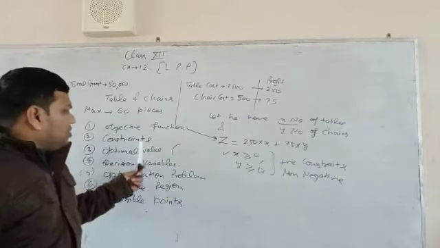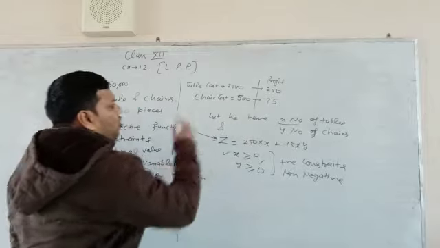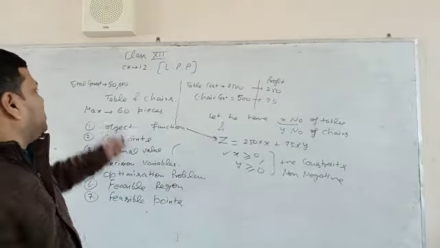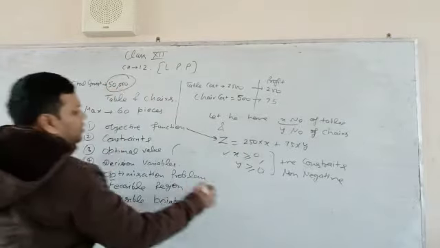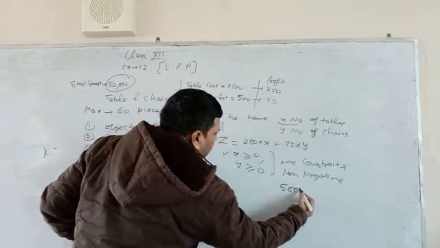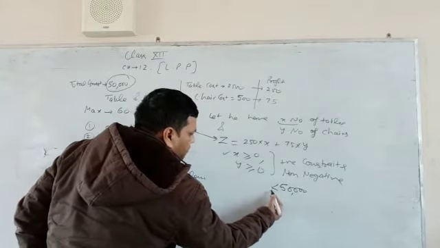Again, what are the other constraints? Only 50,000 rupees he can invest, it is given there, right? So 50,000 means not more than that. It is less than or equal to 50,000.